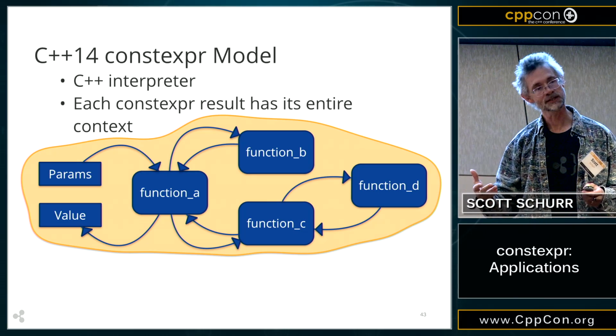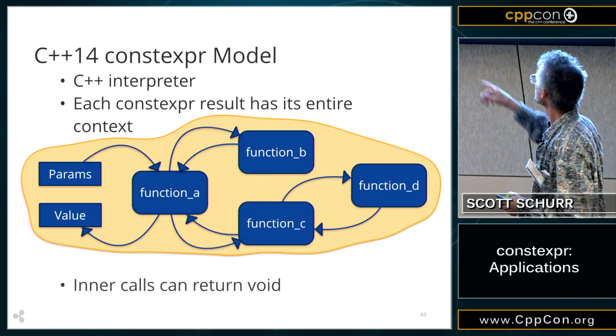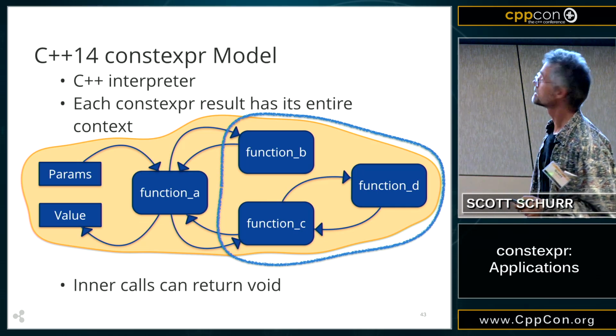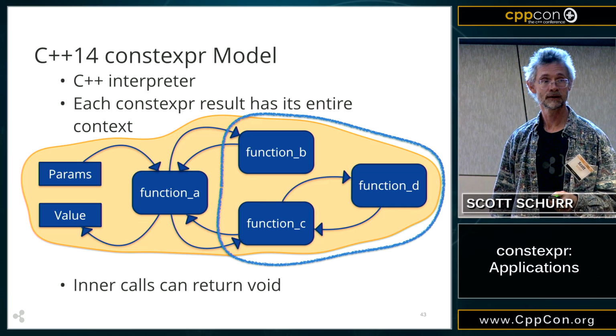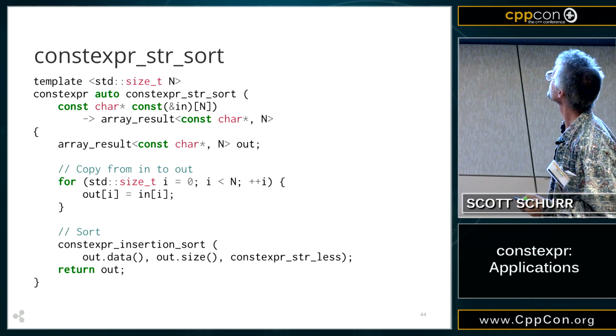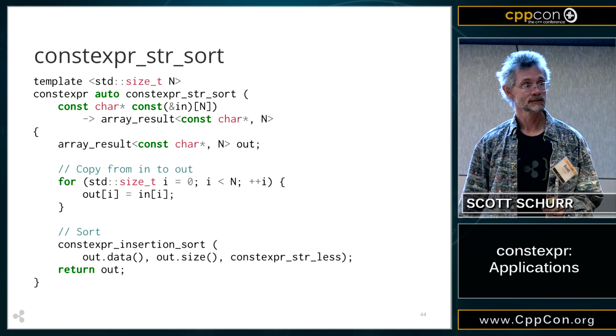So they all have that same context. So the inner calls, B, C, and D, can return void. So now we can do our string sort.